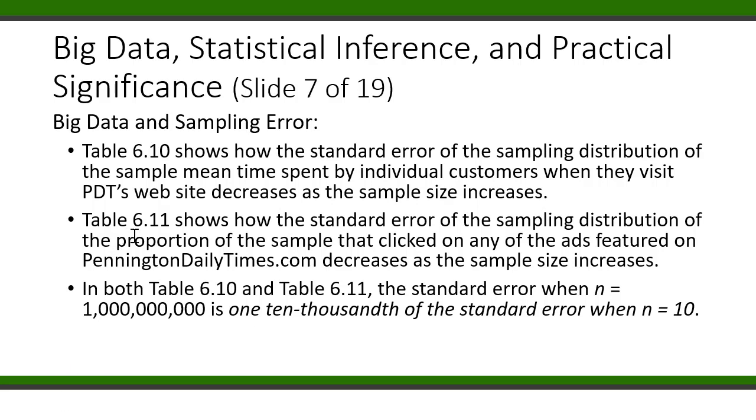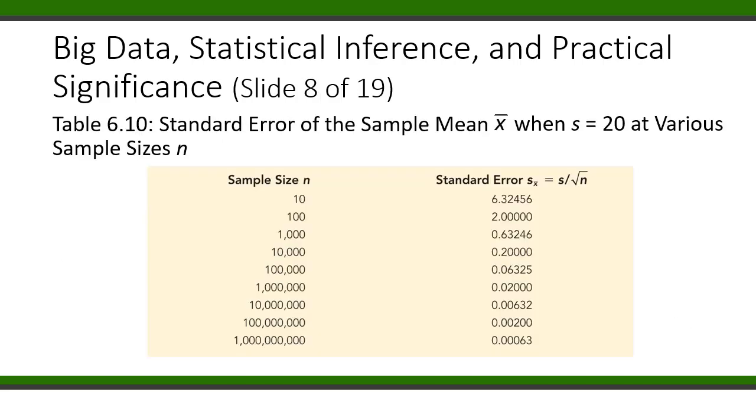The 6.1 table shows how the standard error of the sampling distribution of the proportion of the sample that clicked on any of the ads featured on the PDT or Pennington Daily Times decreases as the sample size increases. And so what we're showing is that with big data, the standard error where n is a billion is 1/10,000th of the standard error when n is 10. So as we collect more and more data, that standard error gets smaller and smaller. So then everything becomes significant.